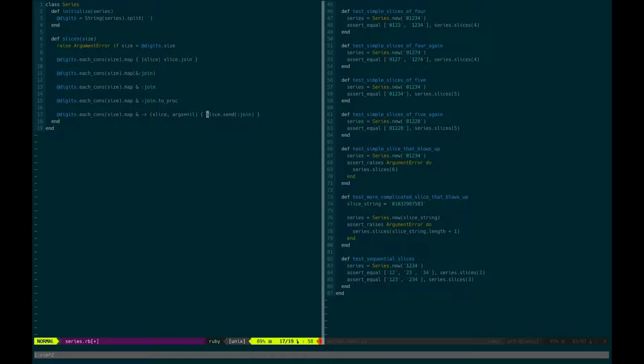So in a sense, slice.join is actually syntactic sugar for sending the slice object the message, the symbol join. Oh, and actually, hang on, it also takes any args here. Okay, that's really what we have here.